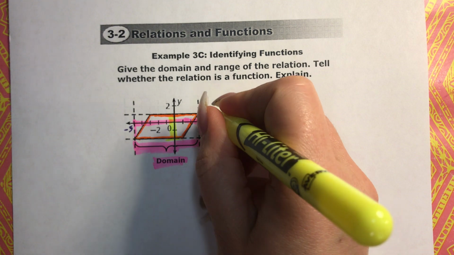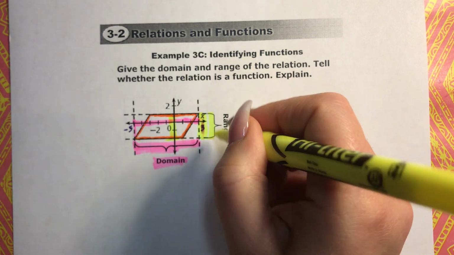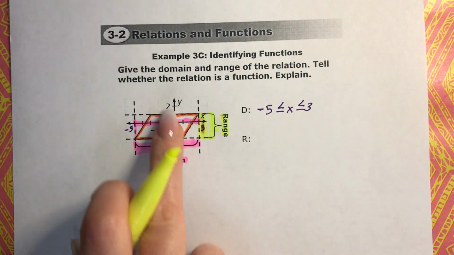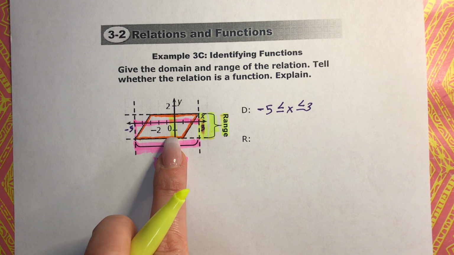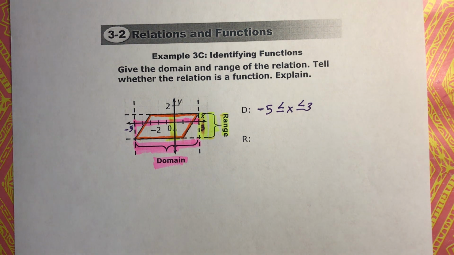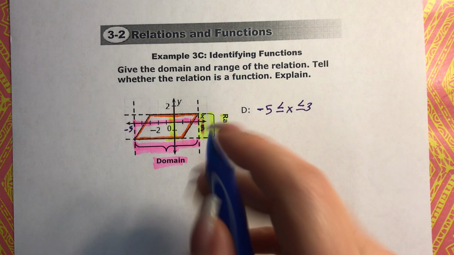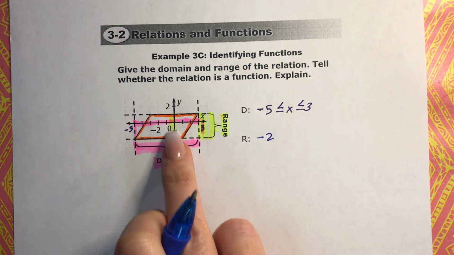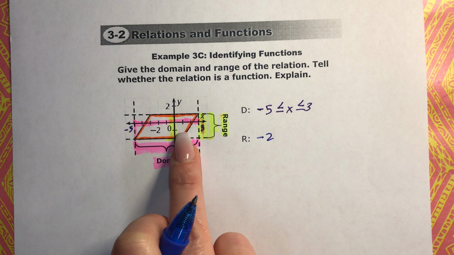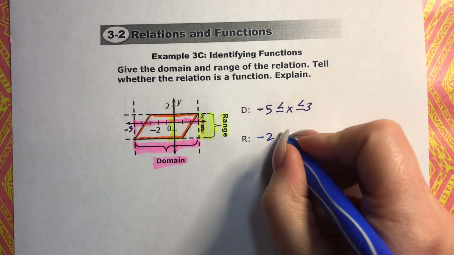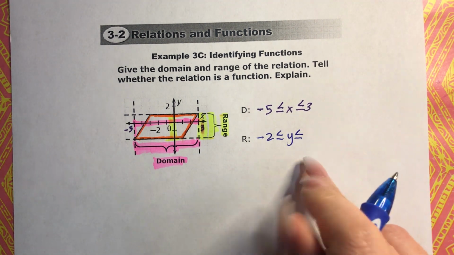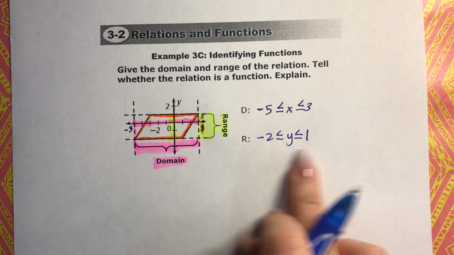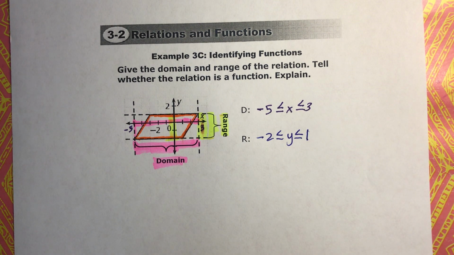So from here to here, this represents our range. Our range goes from -1, -2, all the way up to +1. Except we're talking about the y's, so we need to have the y's to +1. So there's our range value. Okay, so we have our domain and range expressed.